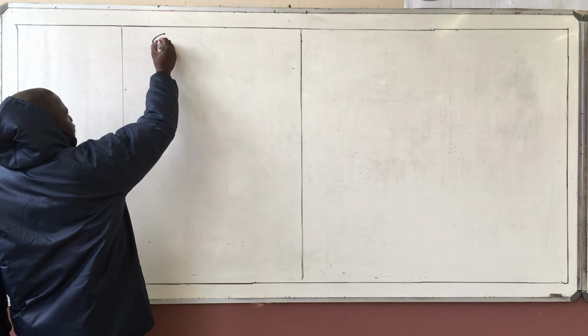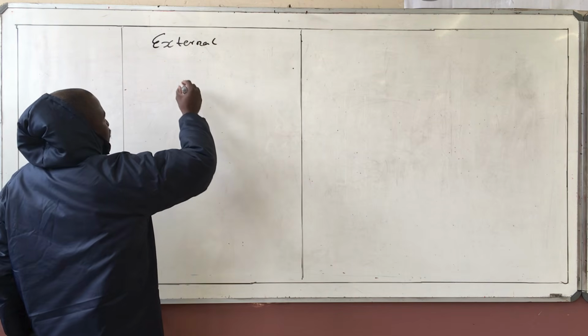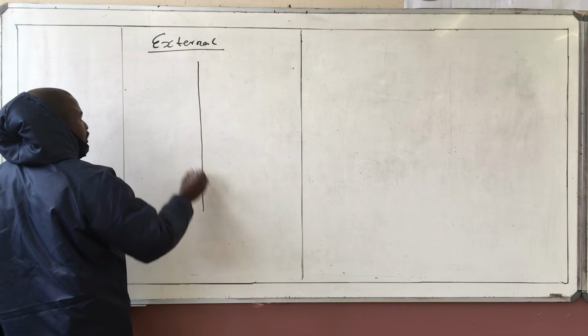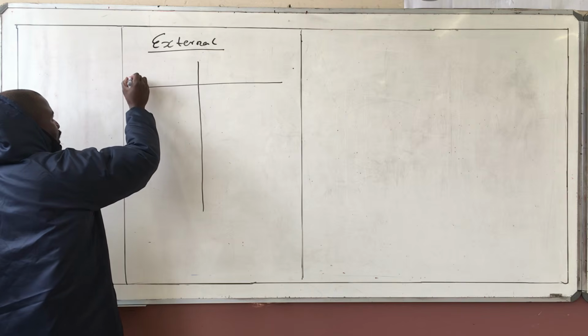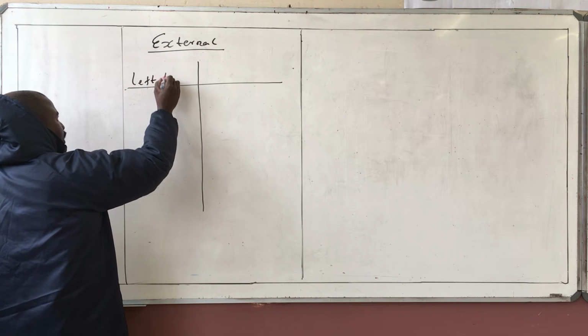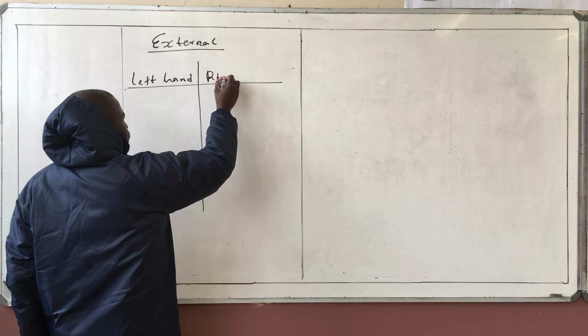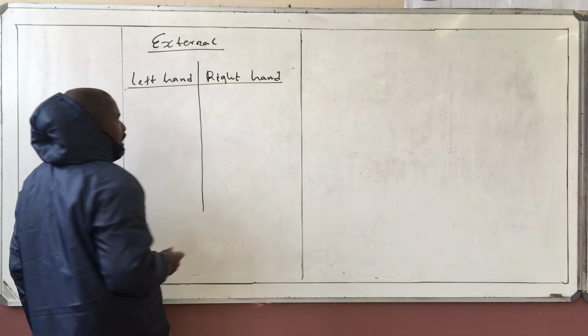So, as I said, we have external square thread. For this external square thread we have a left and also a right hand.